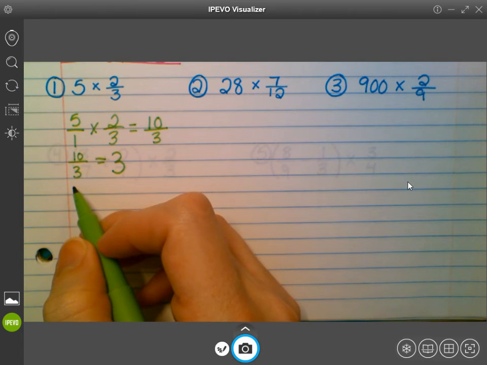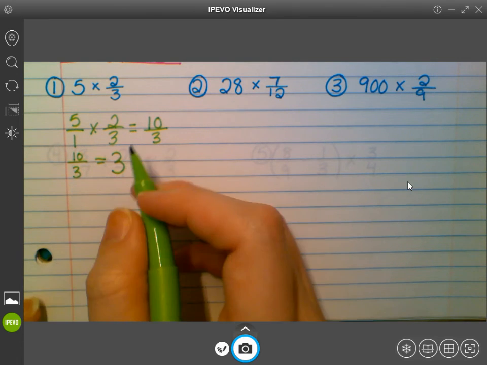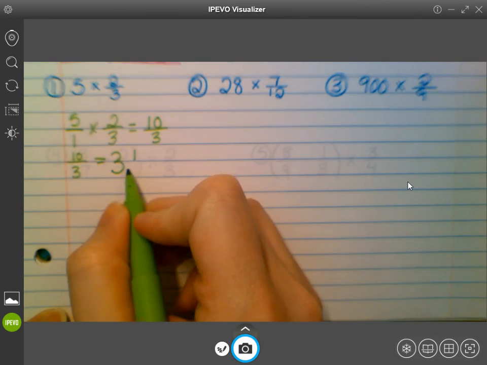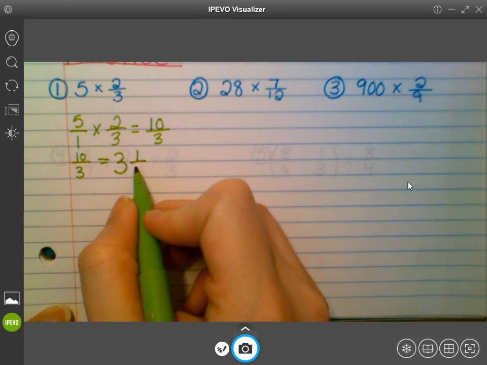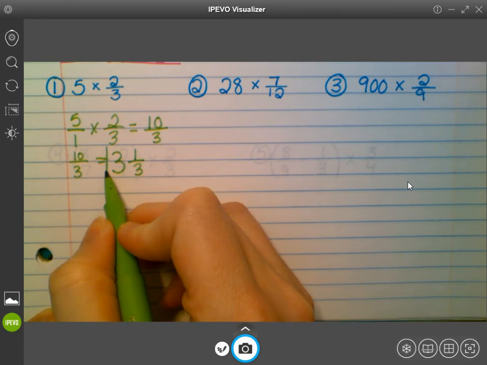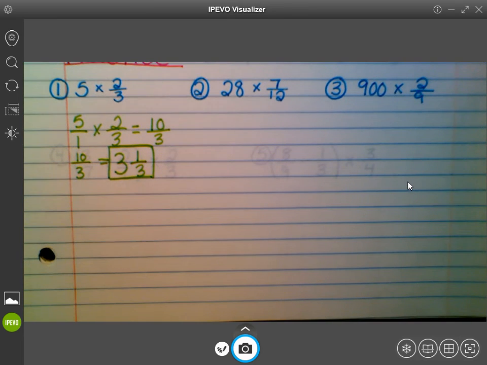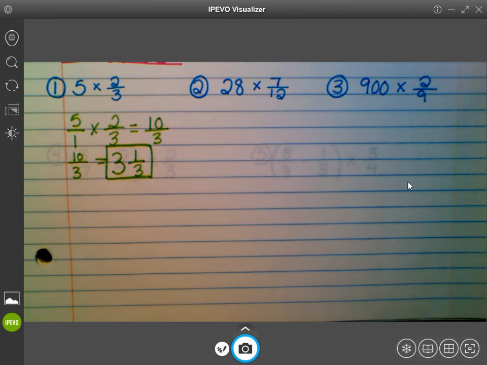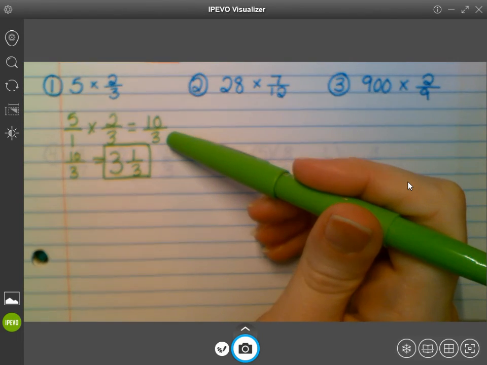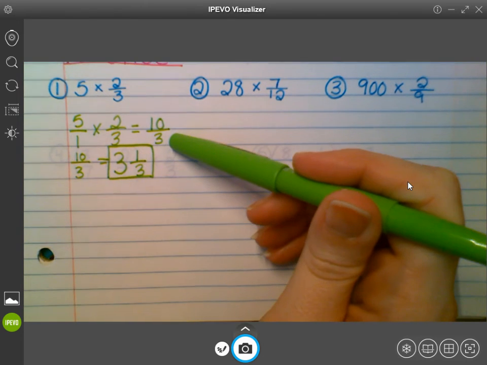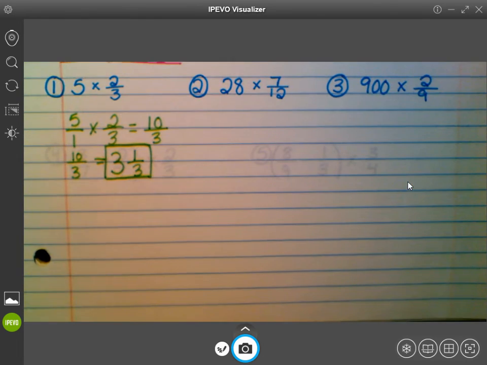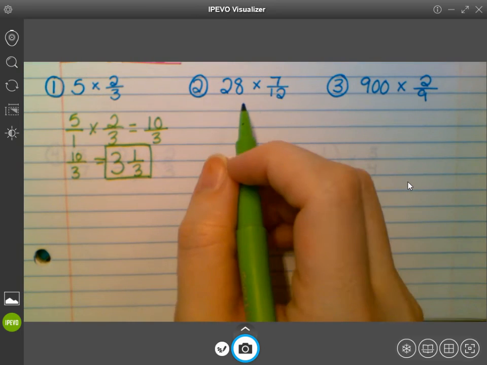Show me on your hands. How many more pieces? 1. So that 1 becomes my numerator, and the denominator stays 3. So 3 1/3 is my answer for number 1. Raise your hand if you got 3 1/3 for number 1. Awesome. How many of you got 10/3? You did get 10/3, but maybe the simplifying part was a little tricky. Okay, awesome. Okay, let's move on to number 2.